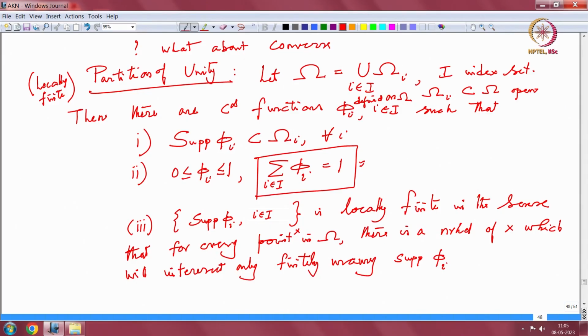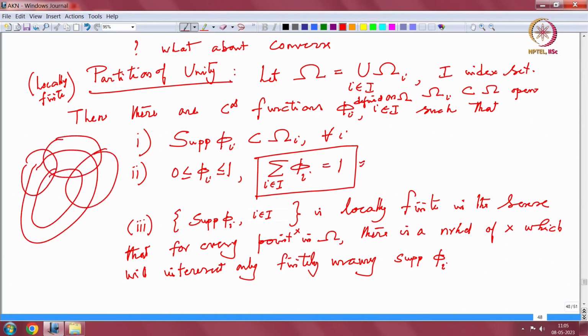The basic idea is that phi_i is defined everywhere in omega, so you will have something partitioning. Let me put my omega in a different color. It may be inside or contained, that does not matter.